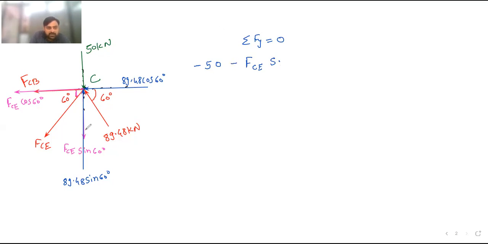Then this vertical component 89.48 sine 60 is moving upward, so plus 89.48 sine 60. No other force is remaining, so it is equal to 0. Therefore, FCE is equal to, let me know the answer.